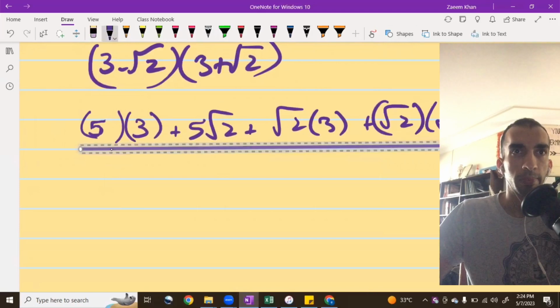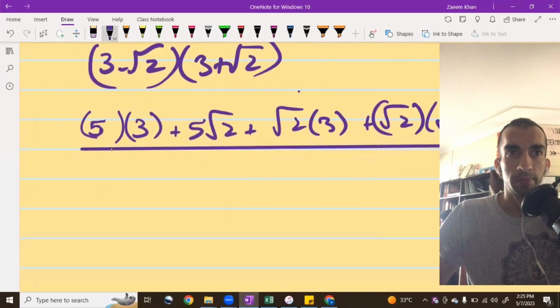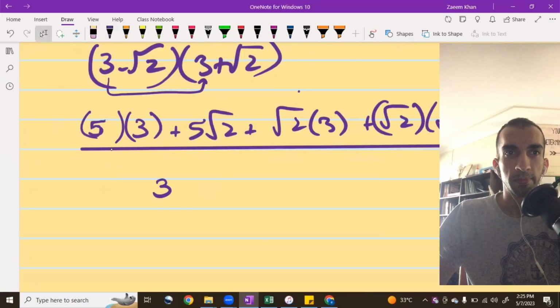In the denominator you do 3 times 3. And then 3 times square root of 2.